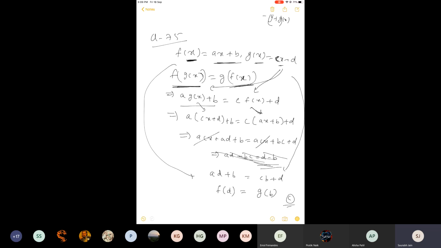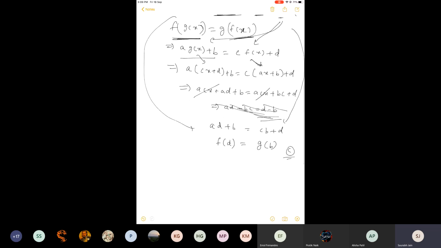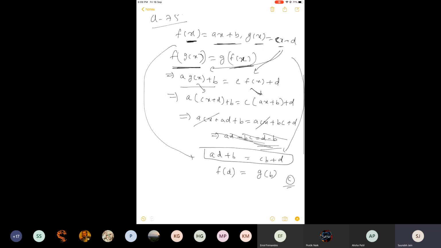On simplifying, multiplying and cancelling, we get this. Now think how you will get ad plus b from here. You will get ad plus b by putting d in place of x in f of x. So simply it is fd. Similarly, cb plus d is nothing but gb. So option C will be the answer: fd equals gb.